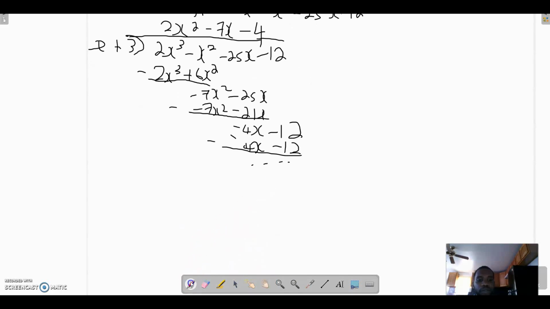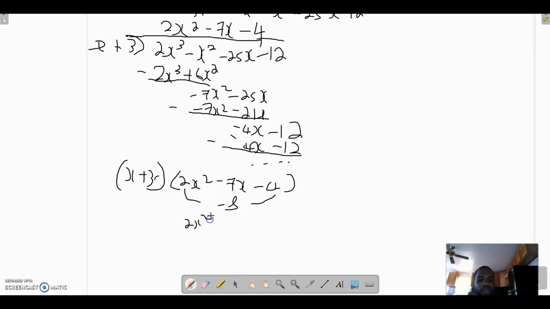Now we really have x plus 3 times 2x squared minus 7x minus 4. What we need to do now is to factorize the quadratic. So let me go AC on that. That's minus 8. Now we need to get minus 7, so it's minus 8 and 1.